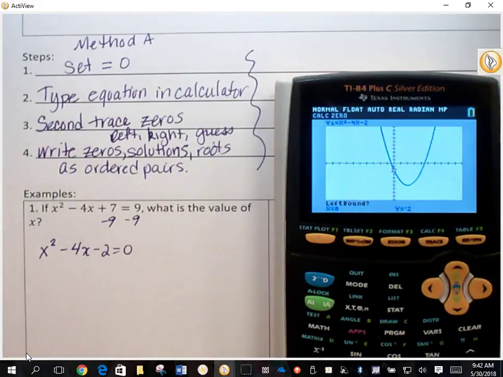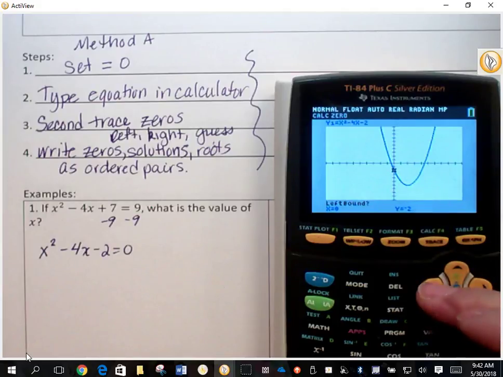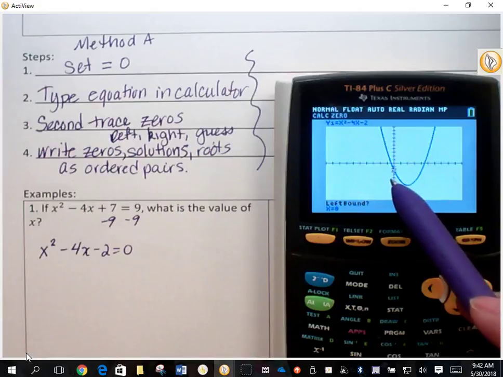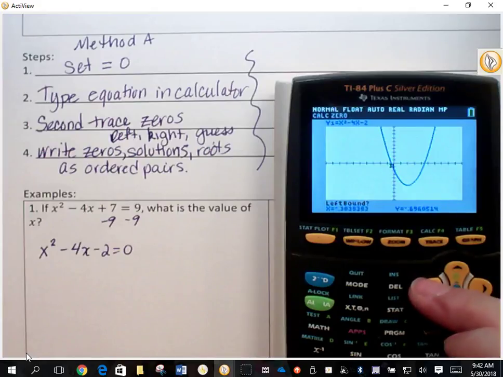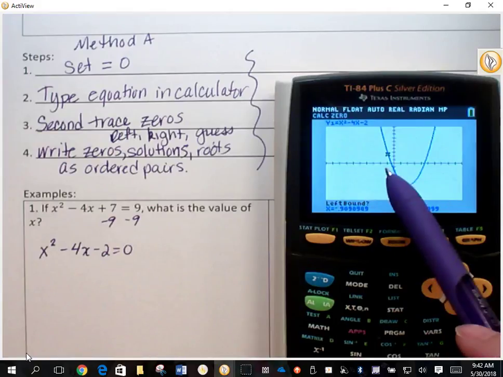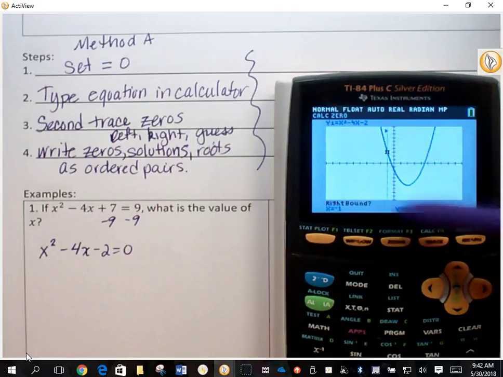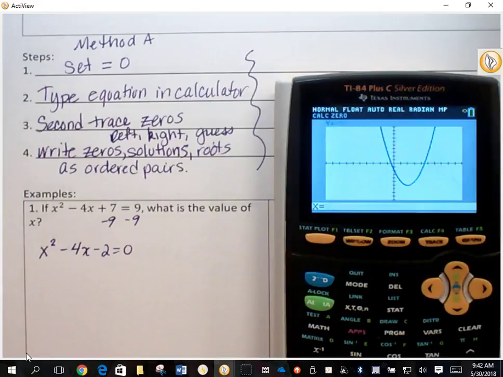So the left bound, I want to find my small one first. So I'm going to scooch over so that that butterfly is on the left side. Now if you don't want to scooch, I had mentioned that it looked like it was between -1 and 0. I could type -1, and that pops up with a line there. I suggested that the right bound was 0.